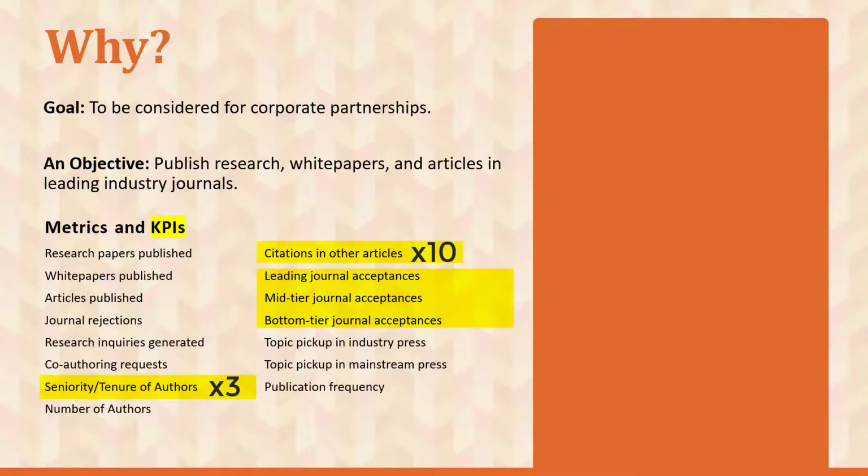And how about a 2-to-1 ratio of publication in leading to mid-tier journals, so more in leading than in mid-tier, while avoiding bottom tier altogether? And because we want to show that we can translate ideas into marketing solutions, we might decide to add pickup in the mainstream press as a KPI. This is where the regular news or media would share our research with a larger non-industry audience.